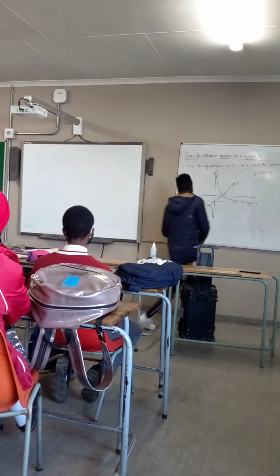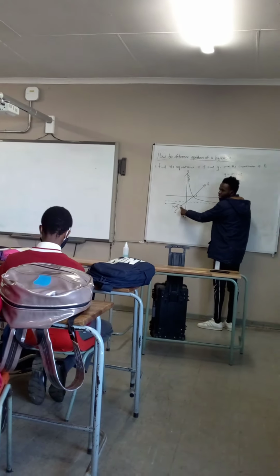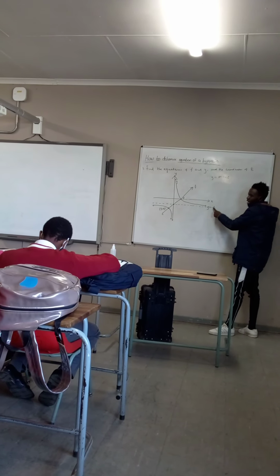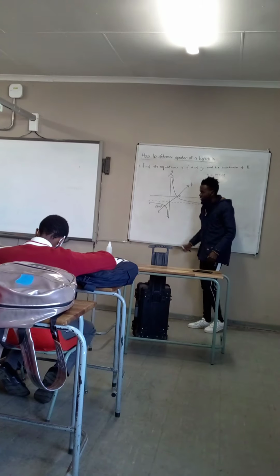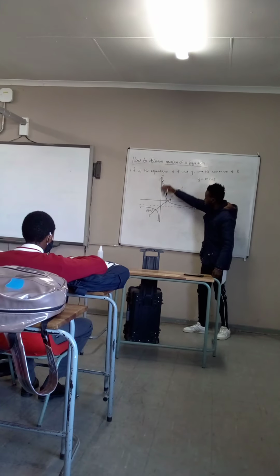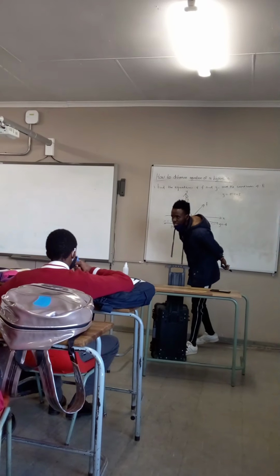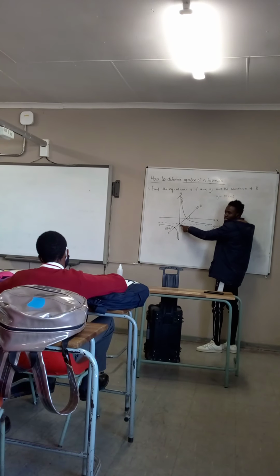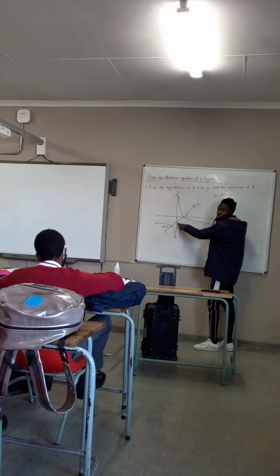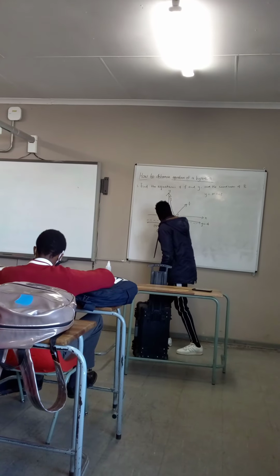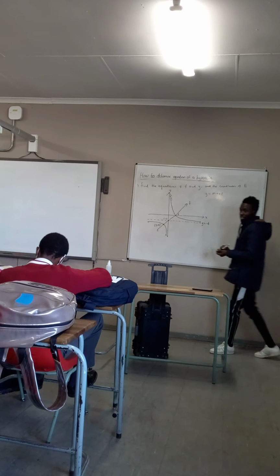So now, I have this point on my straight line. I have this point as well that I am given on my straight line. They have given me my y to be 4. On your y-axis, your x coordinate is always what? 0. That means for this point, the coordinate will be (0, negative 4).